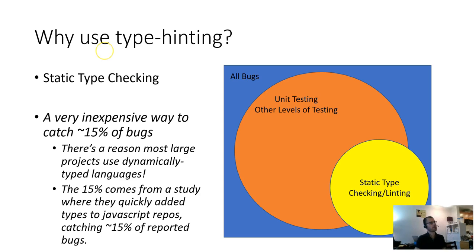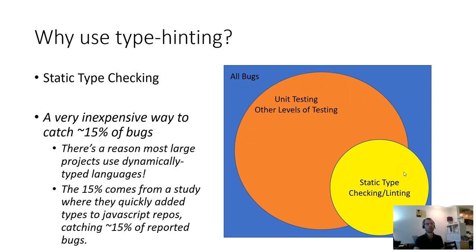So another use for these type hints is that we can do static type checking. The most important form of automated test is your unit testing, right? Or other kinds of integration testing, functional tests. So that can test exactly what you intended to do, but it's also fairly time consuming.